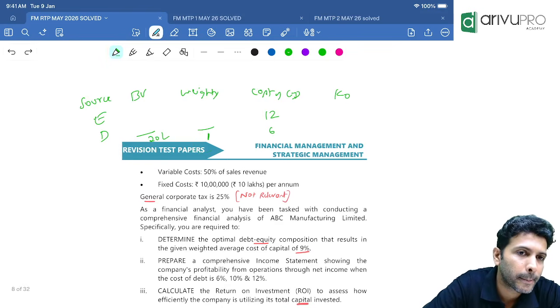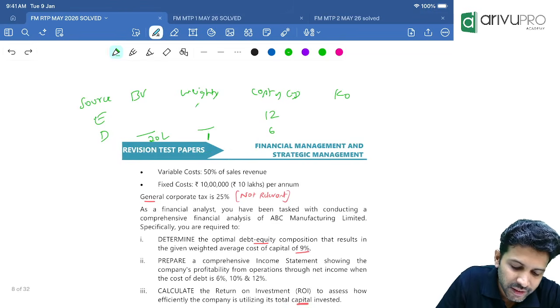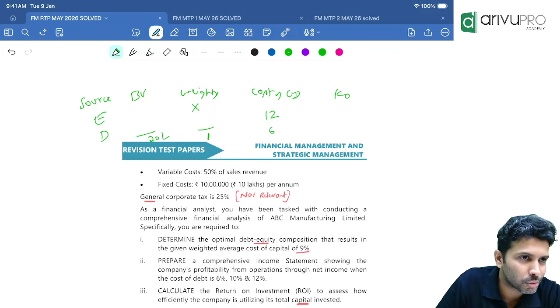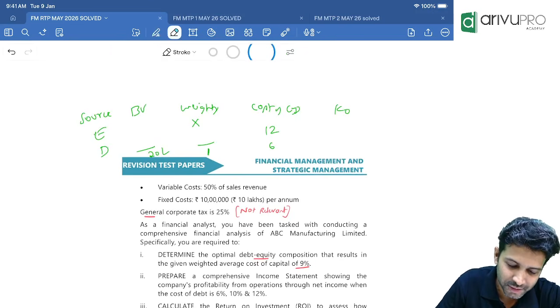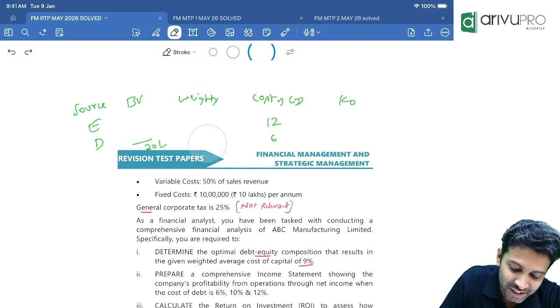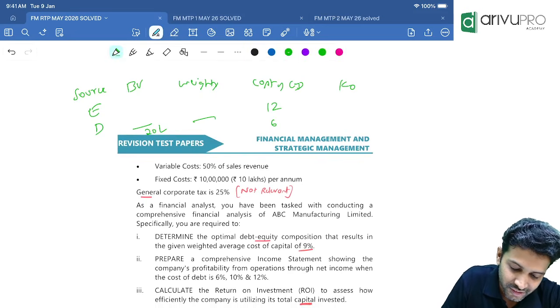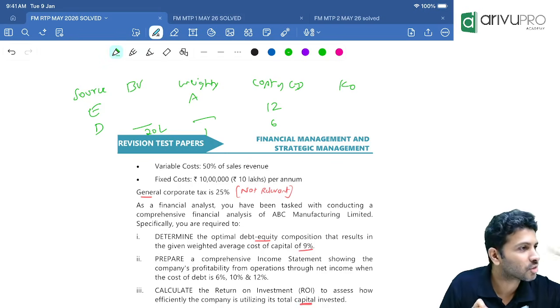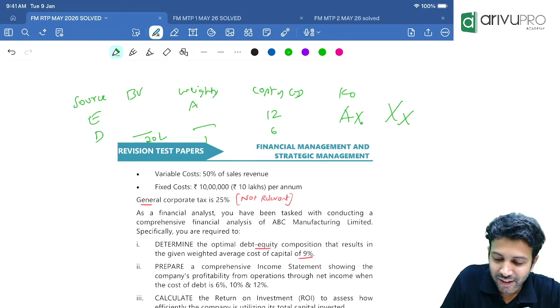Tell me how? If you assume the weight of equity as X, since here we have to multiply, whenever multiplication comes, I don't like to assume X, because when I write X into X, you will not know what is the variable and what is multiplication.